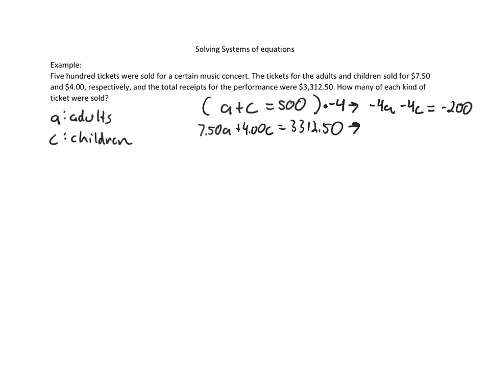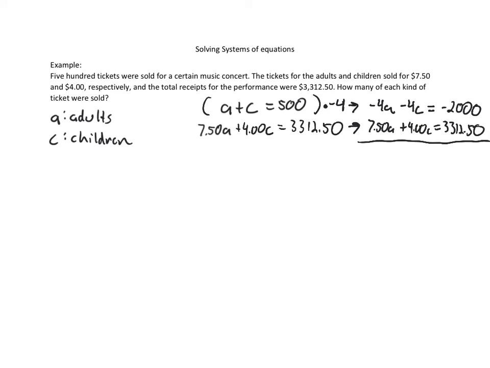And it's important that we multiply everything through by negative 4. My bottom line I'm not going to change because I wanted that negative 4 to cancel out positive 4. So 7.50A plus 4C equals $3,312.50.